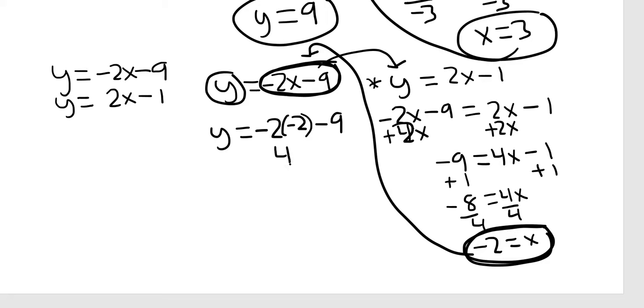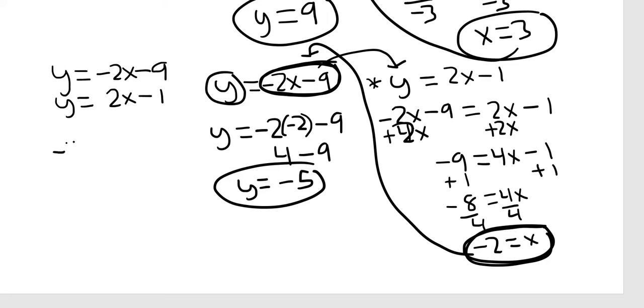Negative 2 times negative 2 is 4. 4 minus 9 is negative 5. So y equals negative 5. The point where these two lines cross each other is (negative 2, negative 5). Okay, let's go ahead and look at another one.